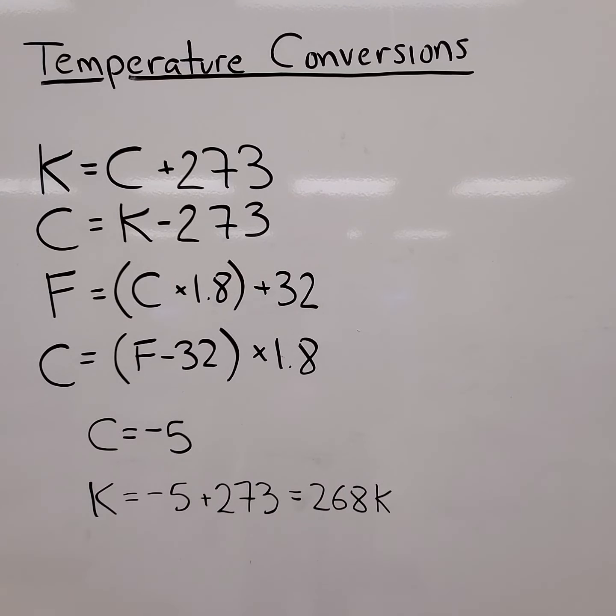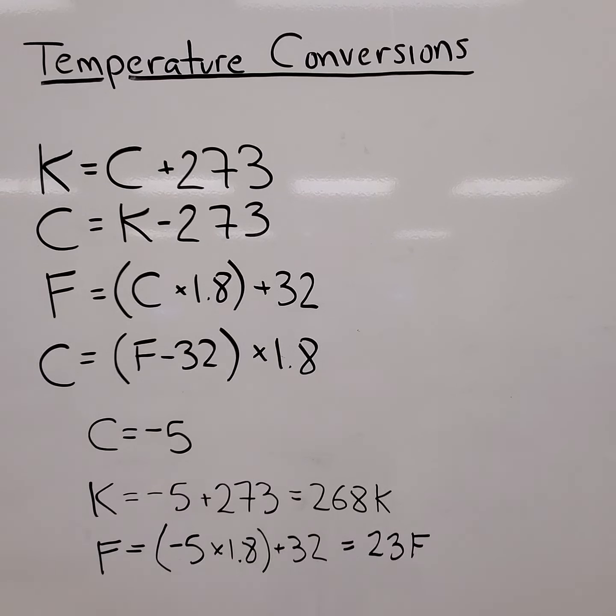Pretty simple. Now when I want to find F, I'm just going to use this, and I'm going to plug it into my calculator exactly as I wrote it. When you do that, you get 23 degrees Fahrenheit.